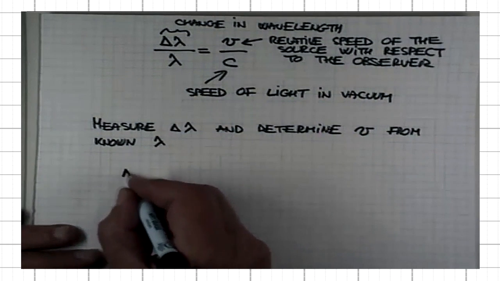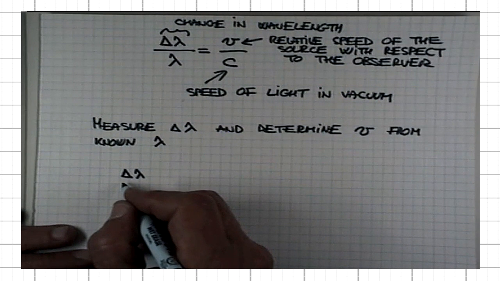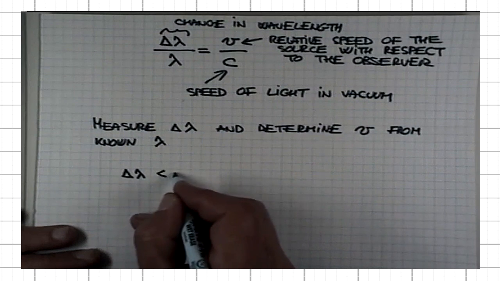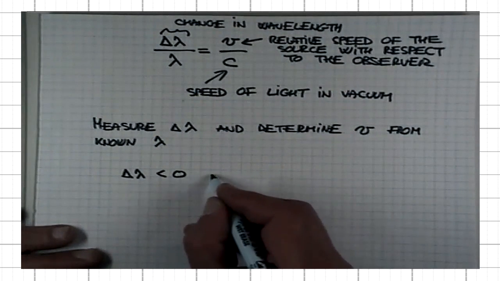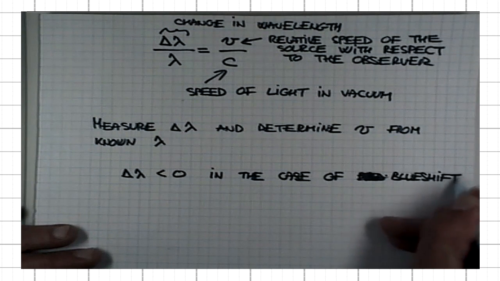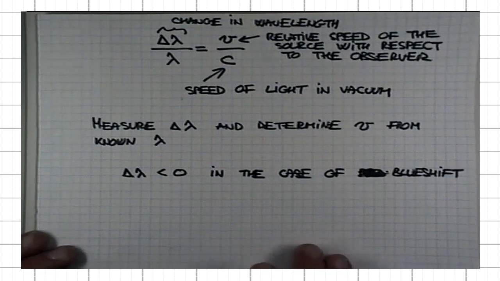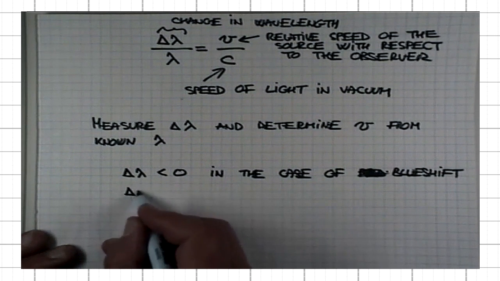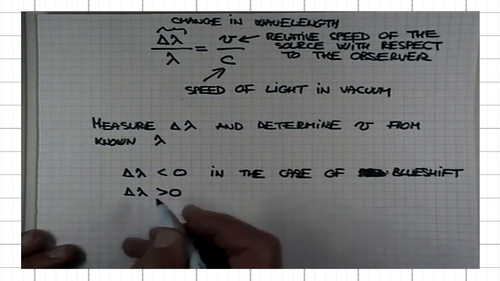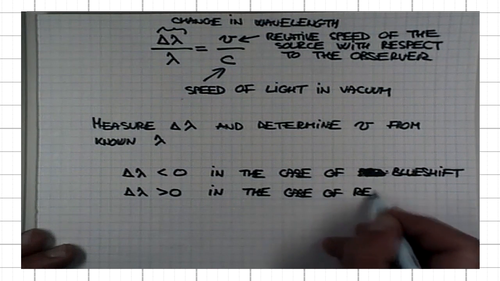Okay, so delta lambda, the difference between perceived and the actual wavelength, is negative in the case of blue shift, when the perceived wavelength is shorter than the one that would be detected from a stationary source, and is positive in the case of redshift.